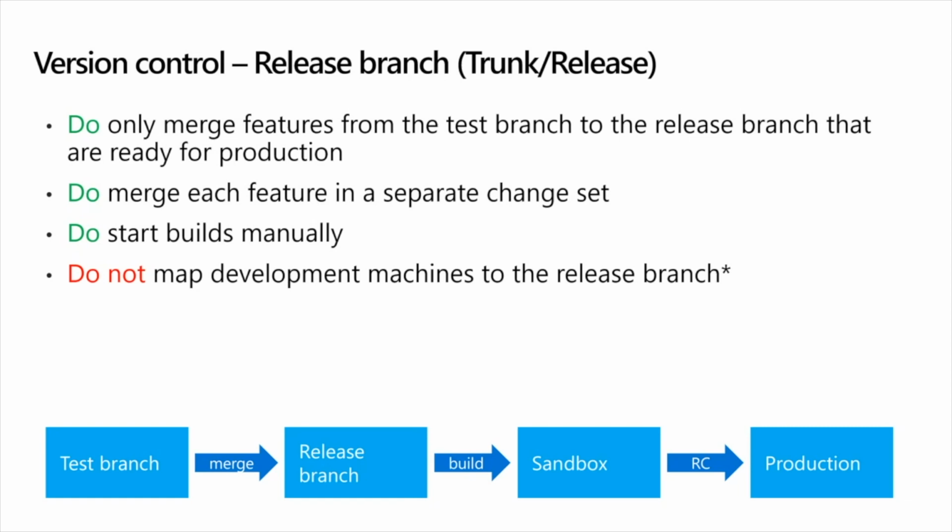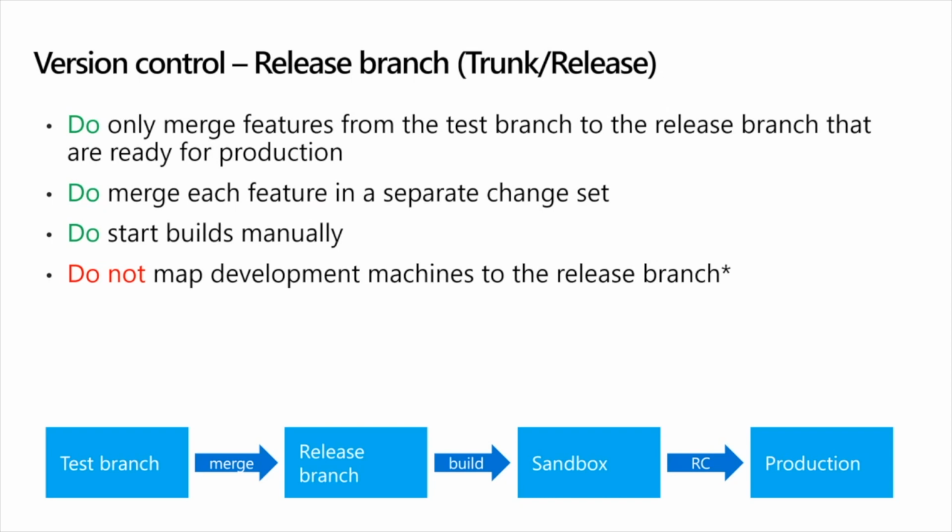The release branch is a similar pattern to the test branch. You merge features from the test branch that have passed validation into the release branch. You merge each feature in a separate change set, and you start the builds manually. And then you can install them on the sandbox to retest that specific package.